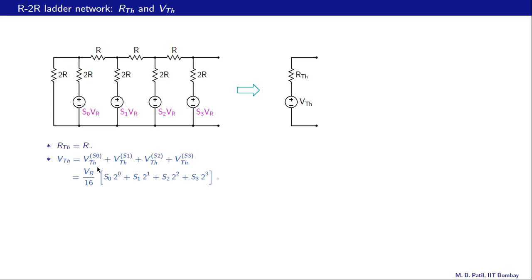So we get VTH due to S0 plus VTH due to S1, etc. And when we add all of these, we get VR by 16 times S0 2 raised to 0 plus S1 2 raised to 1 plus S2 2 raised to 2 plus S3 2 raised to 3. And we can now use this R2R ladder network and an op-amp circuit to make up a DAC, and we will see that in the next slide.